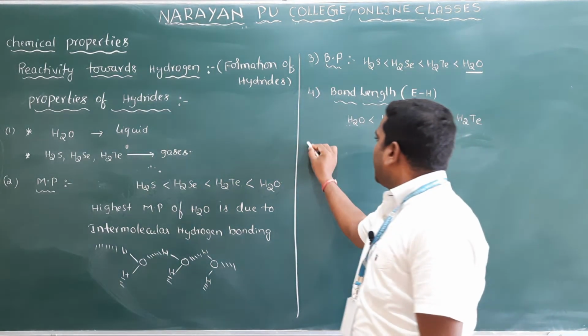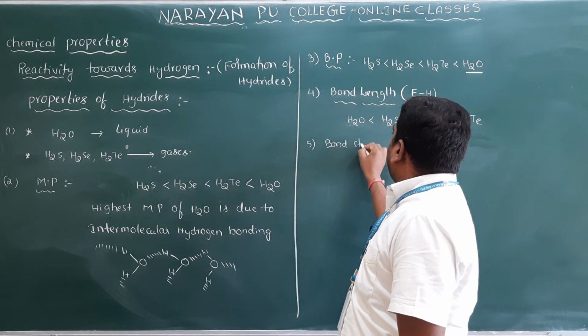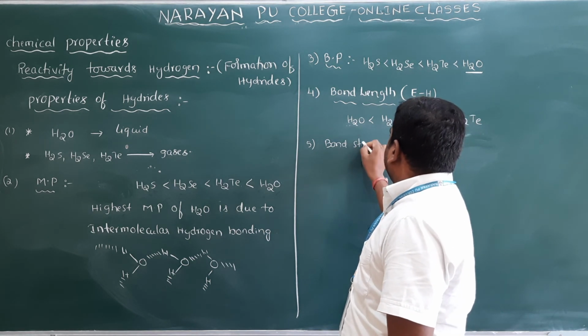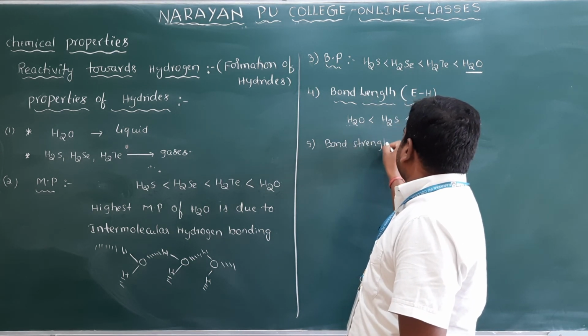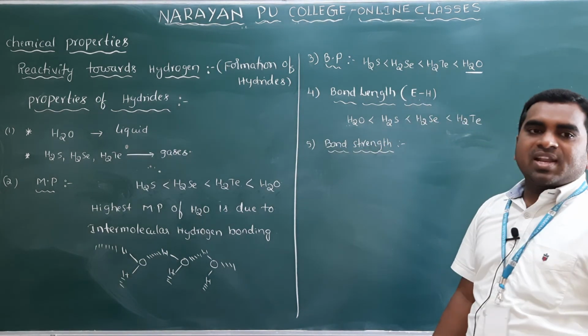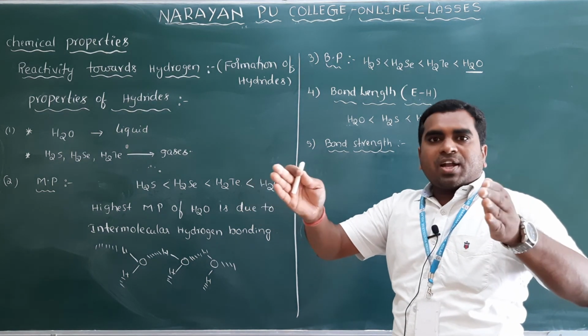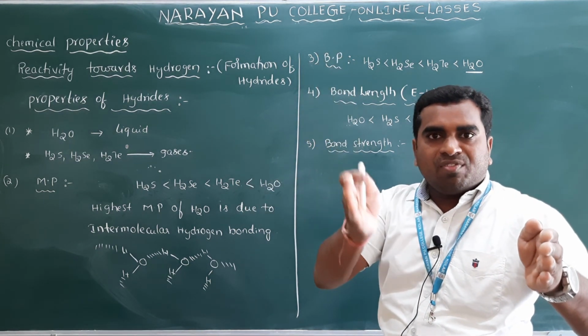In the same way, the fifth one is bond strength. Bond length and bond strength are inversely proportional. If the bond length is longer, the bond strength will be very small.